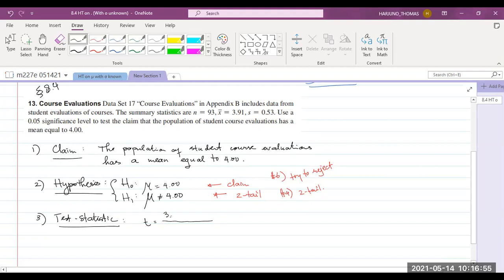X bar 3.91 minus 4.00 over 0.53 divided by square root of 93. Then use your calculator to compute: 3.91 minus 4, divided by parenthesis 0.53 divided by square root of 93. I get negative 1.63760.